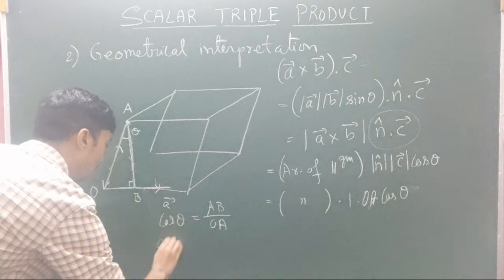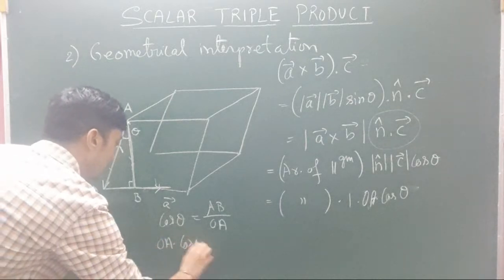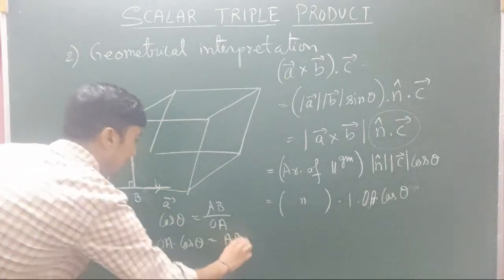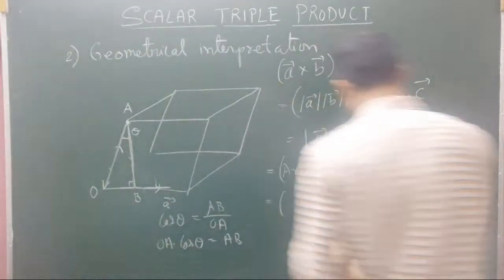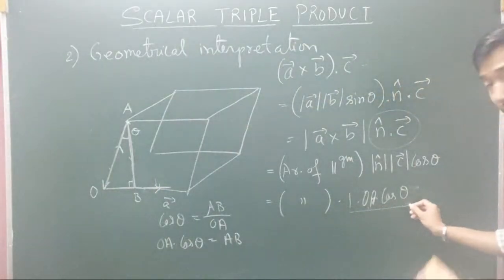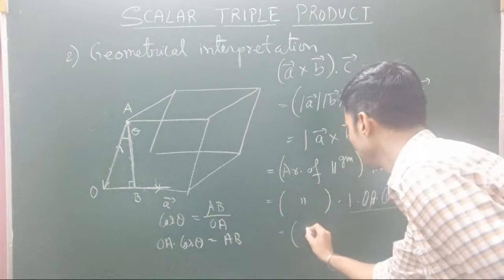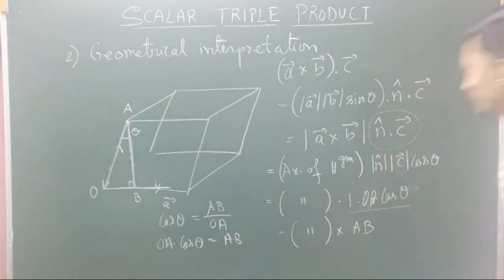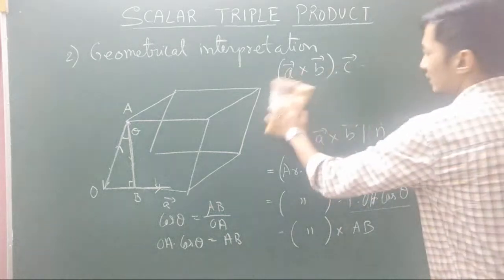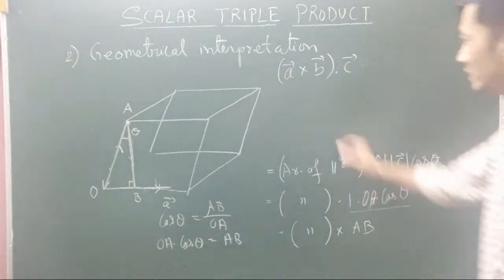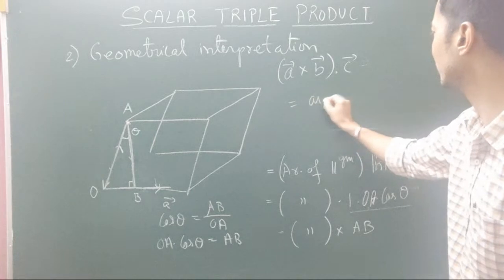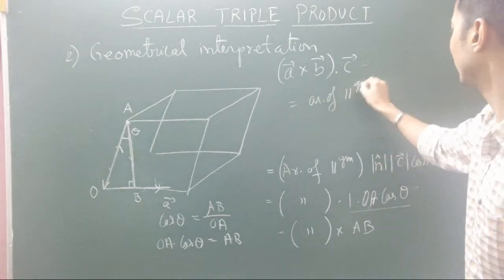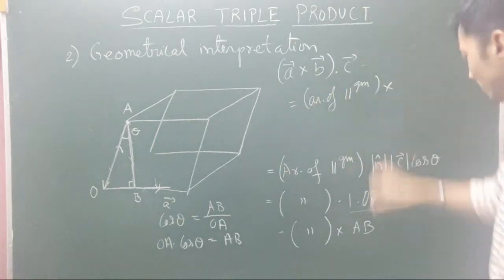So OA into cos theta will be AB. So again, I'm going to write here, area of parallelogram into AB. Got that? So this one again is going to be area of parallelogram into, what is this?